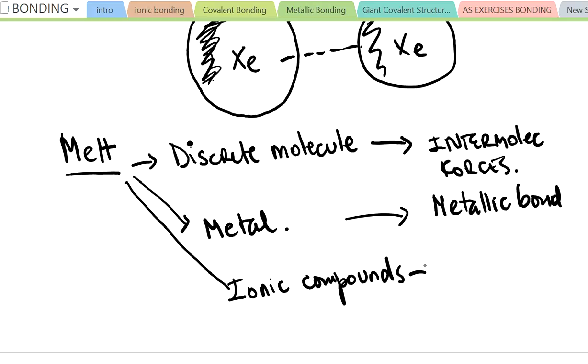which are the forces that I need to overcome? Ionic bonds. And for breaking down an ionic bond, you need to know that in the bonds, we need to overcome the forces of attraction. Which kind of forces are there? Electrostatic forces between these ions, okay?